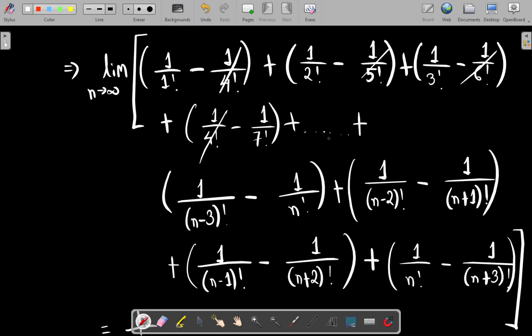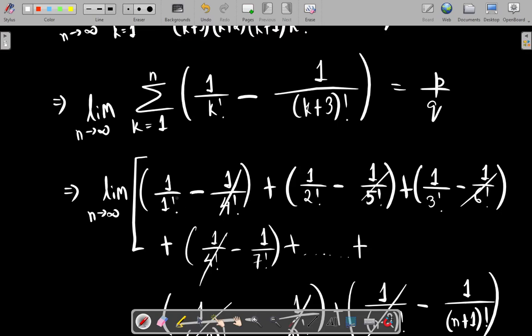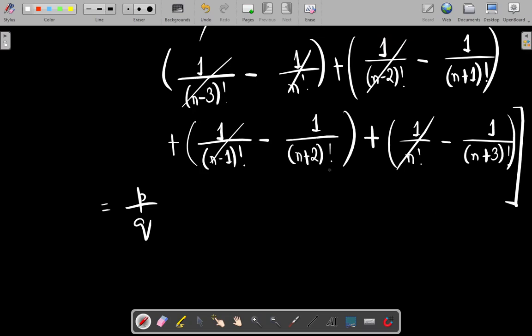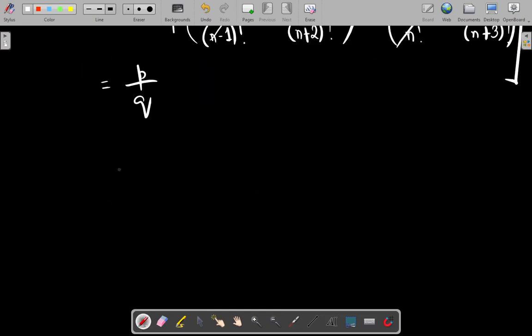On careful observation, this n factorial will get cancelled somewhere here. This (n minus 3) factorial also will get cancelled, this (n minus 1) factorial will get cancelled, and this (n minus 2) factorial will get cancelled. So the first three terms and the last three terms, 1 upon (n plus 1) factorial, 1 upon (n plus 2) factorial, and 1 upon (n plus 3) factorial, these six terms will be left out.